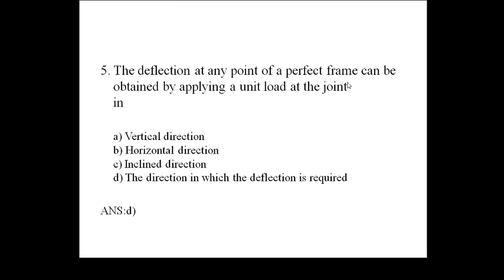For a perfect frame, which direction we want the deflection, in that direction we can find the deflection. Therefore your choice is D. And what is the meaning of deflection?